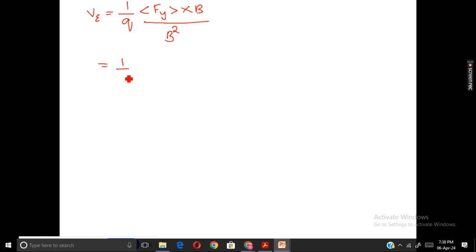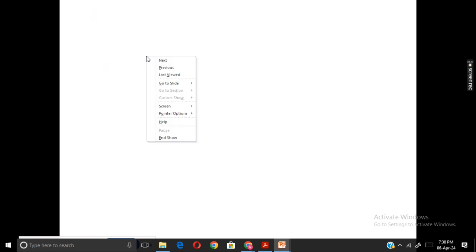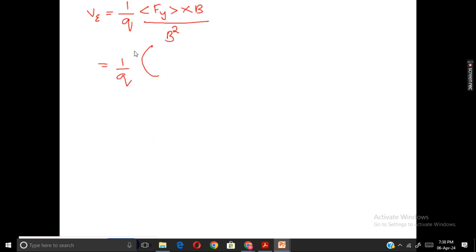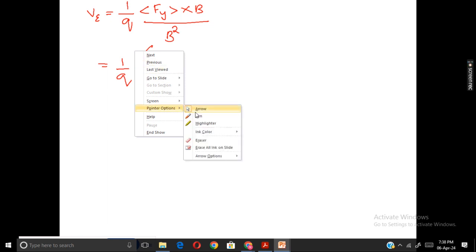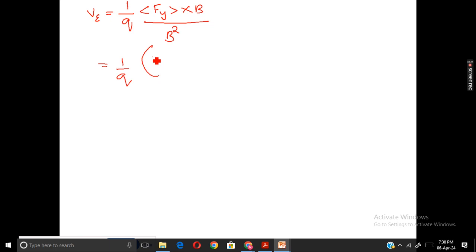So it will be 1 by q into minus q v perpendicular RL by 2 into ∂B/∂y, acting along the y direction j, cross Bz, which is acting along the k direction.